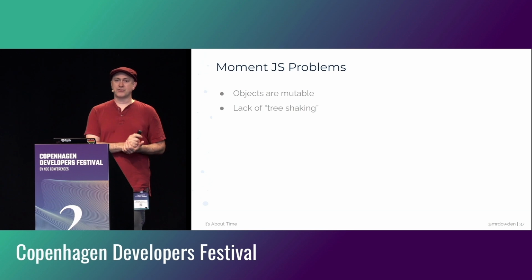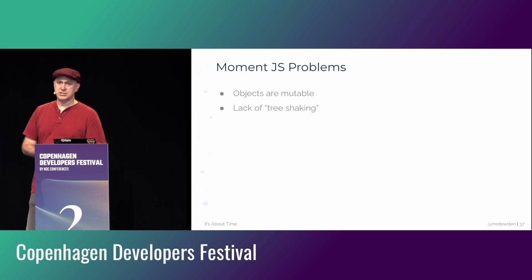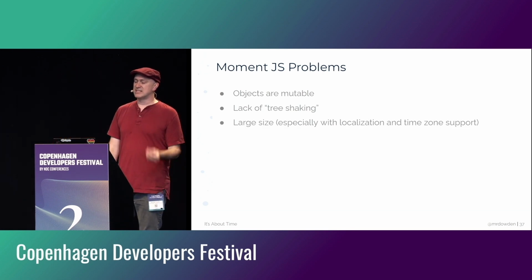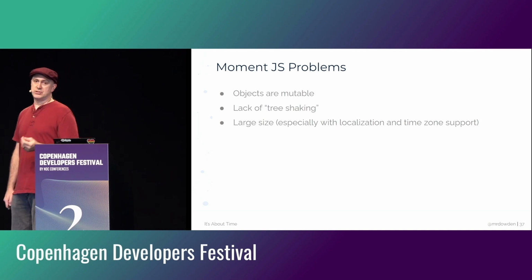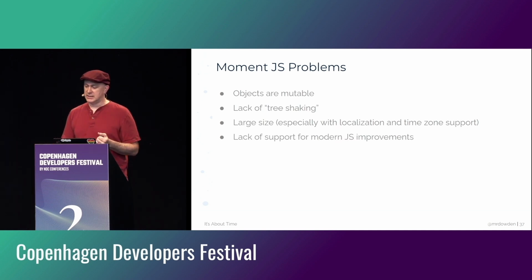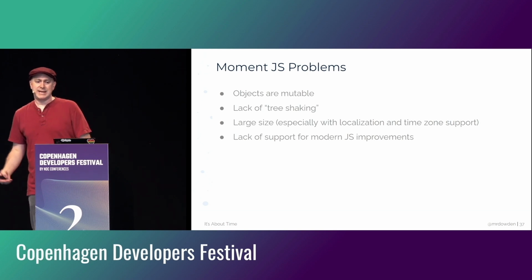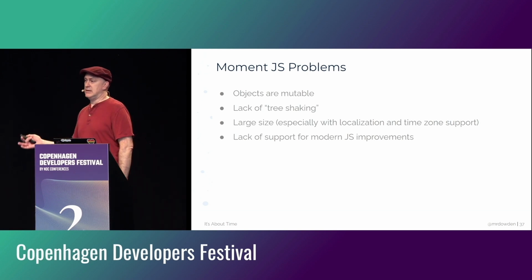There's a complete lack of tree shaking, meaning that Moment can be quite heavy in certain applications if you're not using a lot of it. It's a fairly significantly large size, especially if you're utilizing the localization and time zone features within Moment. And finally, there's a lack of support for modern JavaScript improvements. So it's just dated at this point. You should definitely migrate off of Moment.js if you're still using it.